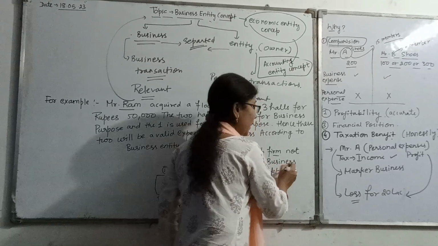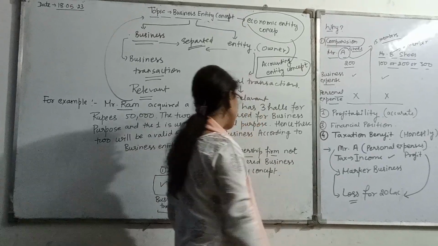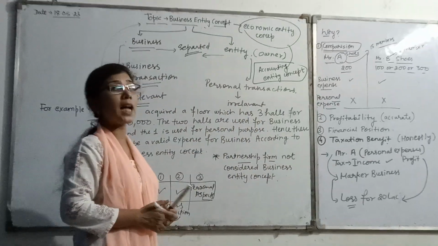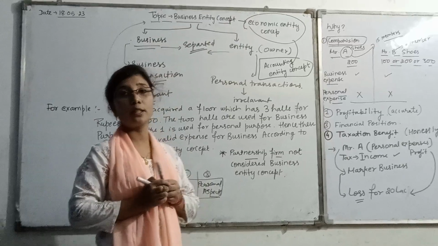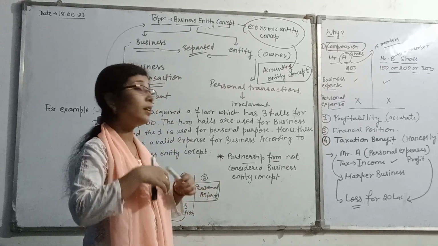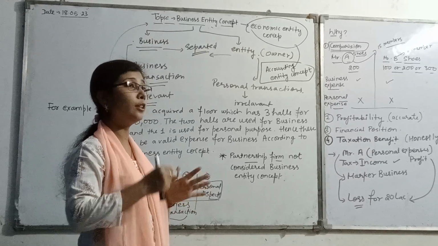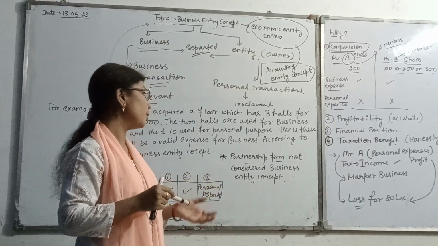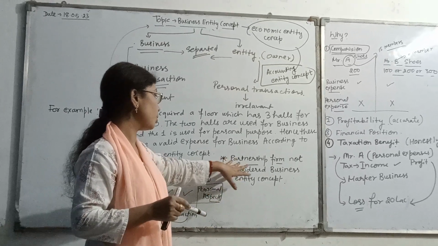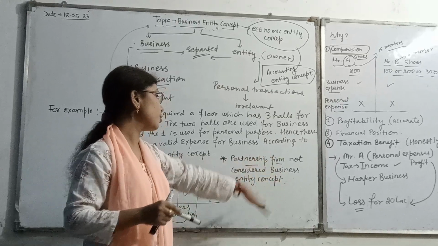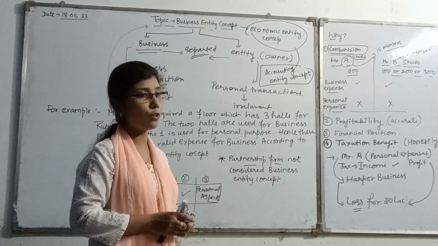Why doesn't it consider it? Because in partnership firms, partners are the members and they are the owners, hence they have unlimited liability and they have to deal with the losses as owners also. A partnership firm does not consider the business entity concept.